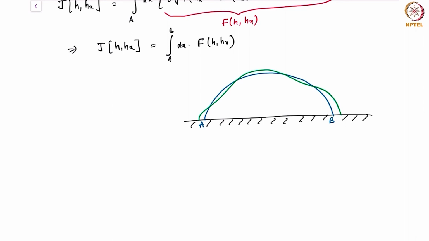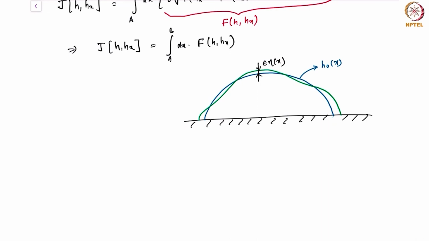My blue curve that I'm showing here is my h naught of x, and therefore we can write down the variation of this height from h naught of x. We'll call this epsilon eta of x.